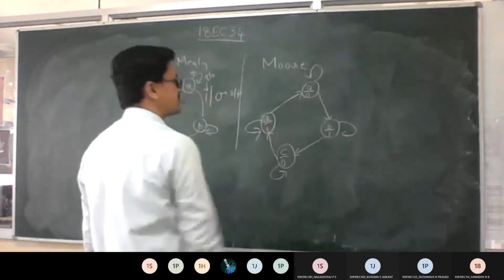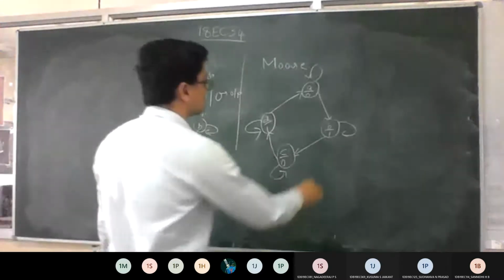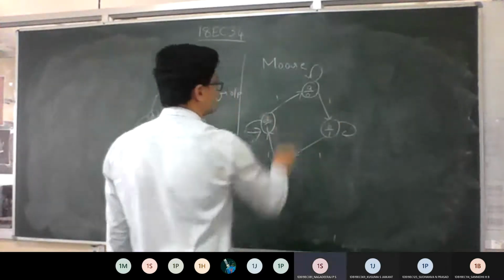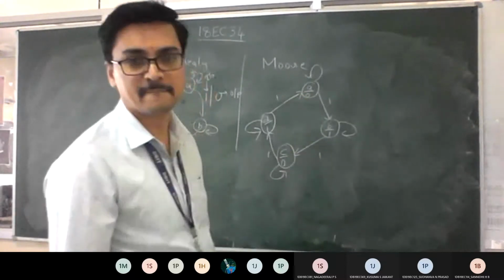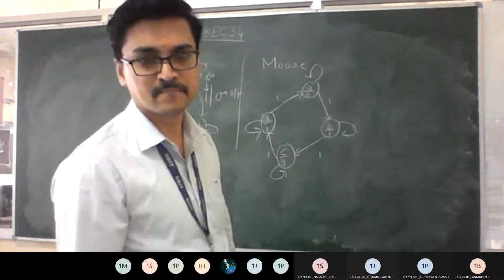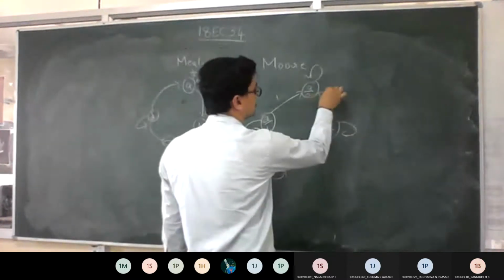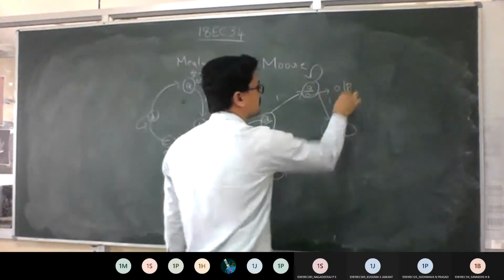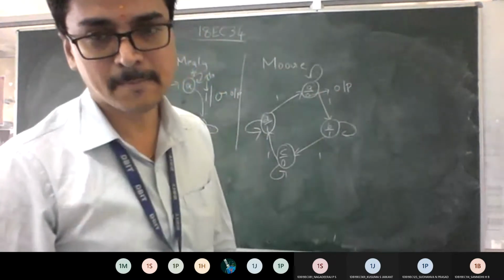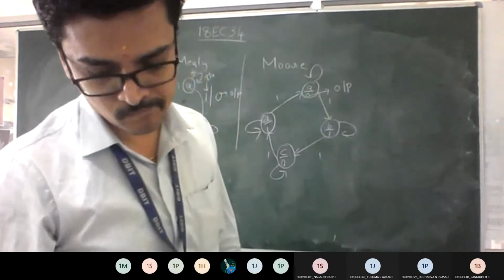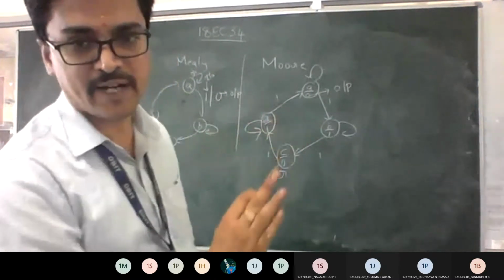What is the meaning of this A bar 0? The value 0 here represents the output. Is it fine, everyone? Yes, sir.